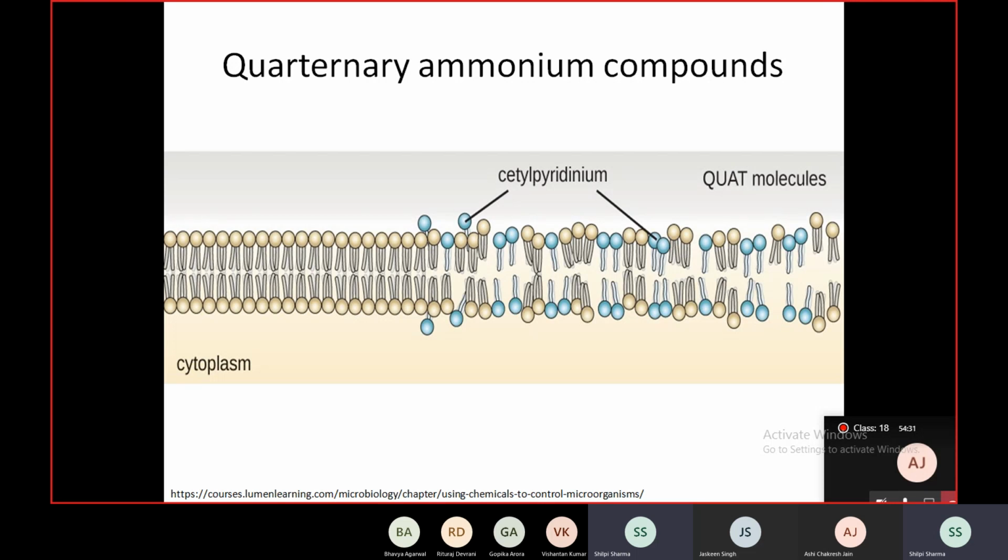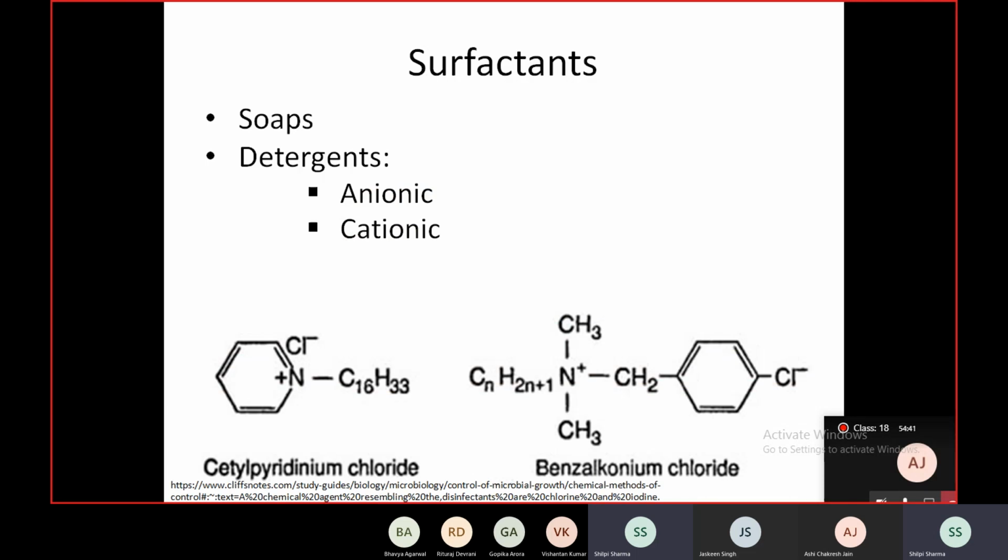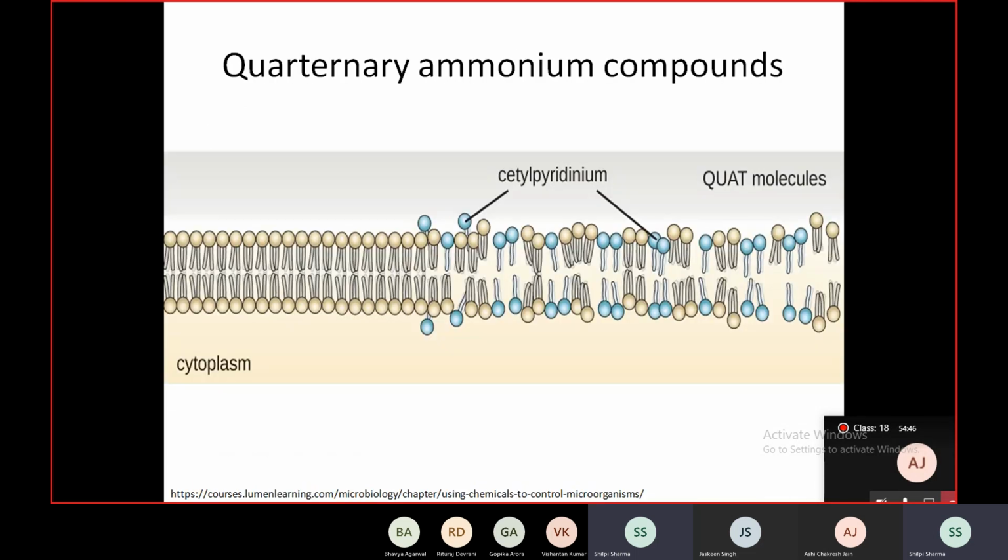Cationic detergents include an important class of disinfectants called the quats, or quaternary ammonium compounds, named so because of the quaternary nitrogen atom that confers the positive charge. They have properties similar to phospholipids, so they have a hydrophilic and a hydrophobic end. They therefore can insert into the bacterial phospholipid layer and disrupt the membrane's integrity.